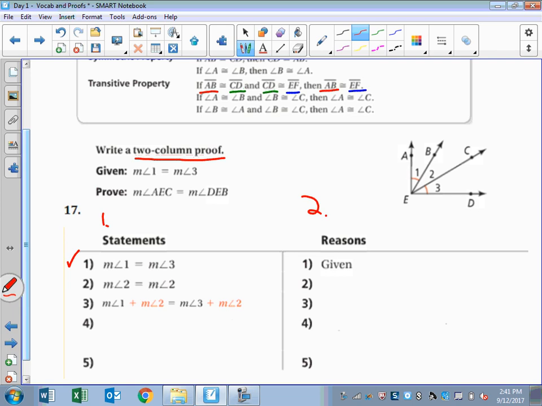Anytime something is equal to itself, that's going to be the reflexive property. For step 3, we got the measure of angle 1 plus the measure of angle 2 equals the measure of angle 3 plus the measure of angle 2. So we added the measure of angle 2 to both sides. That's going to be the addition property of equality, or addition property for short.